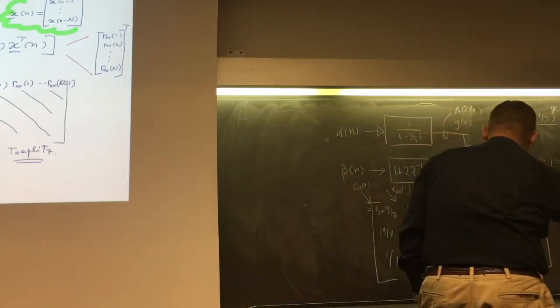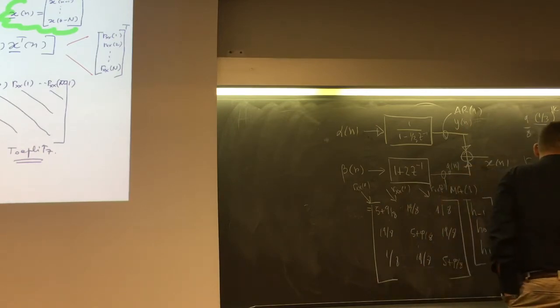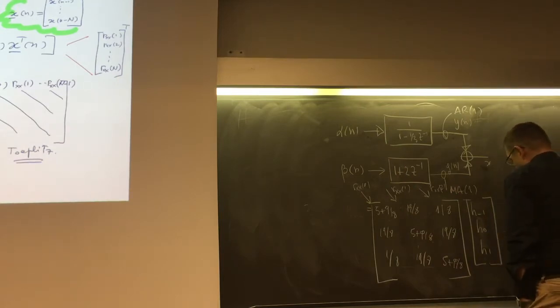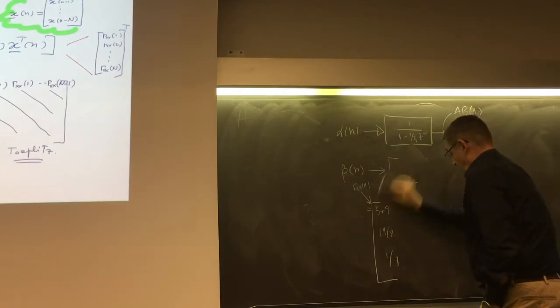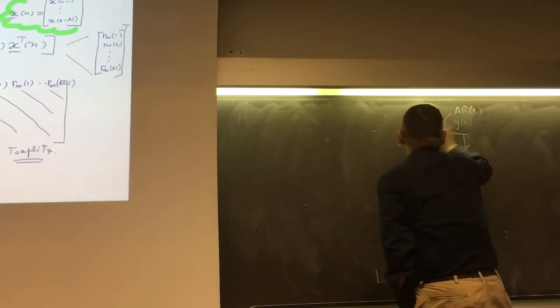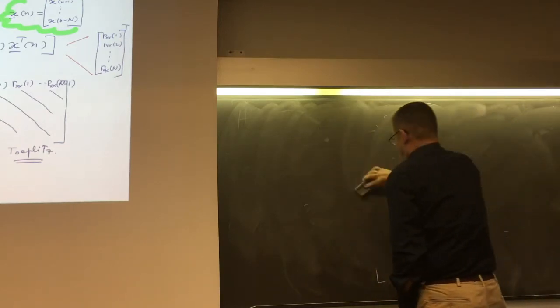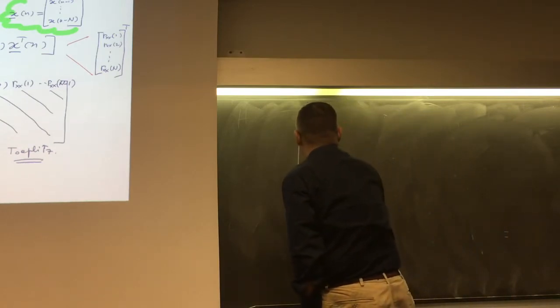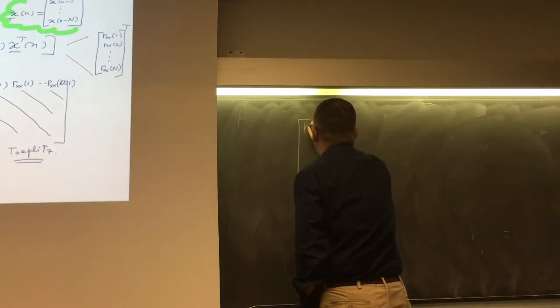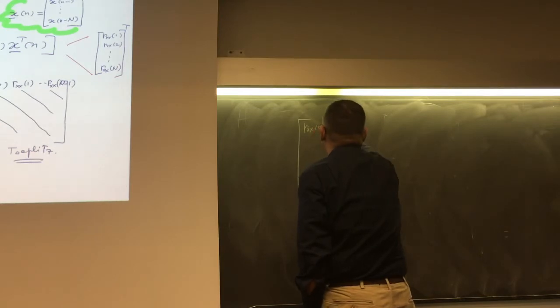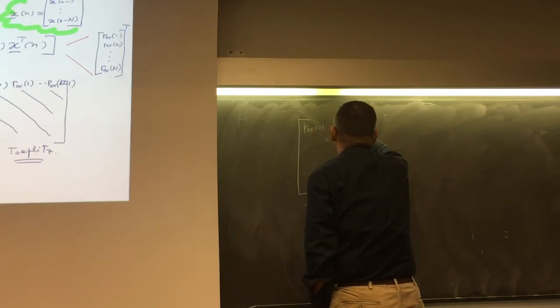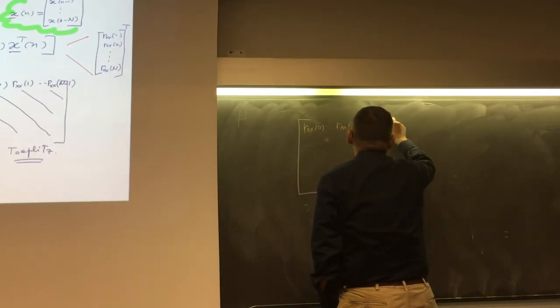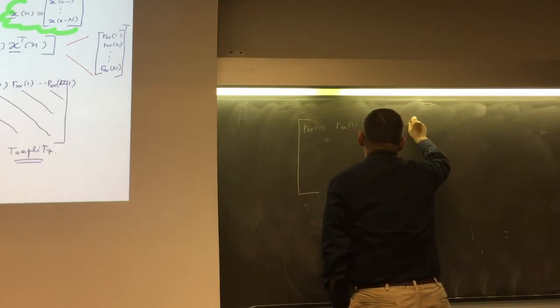So what I got for linear prediction is a very nice closed-form formula, which I copy here. The linear prediction formula has the matrix Rxx0, Rxx1, up to RxxN minus 1.